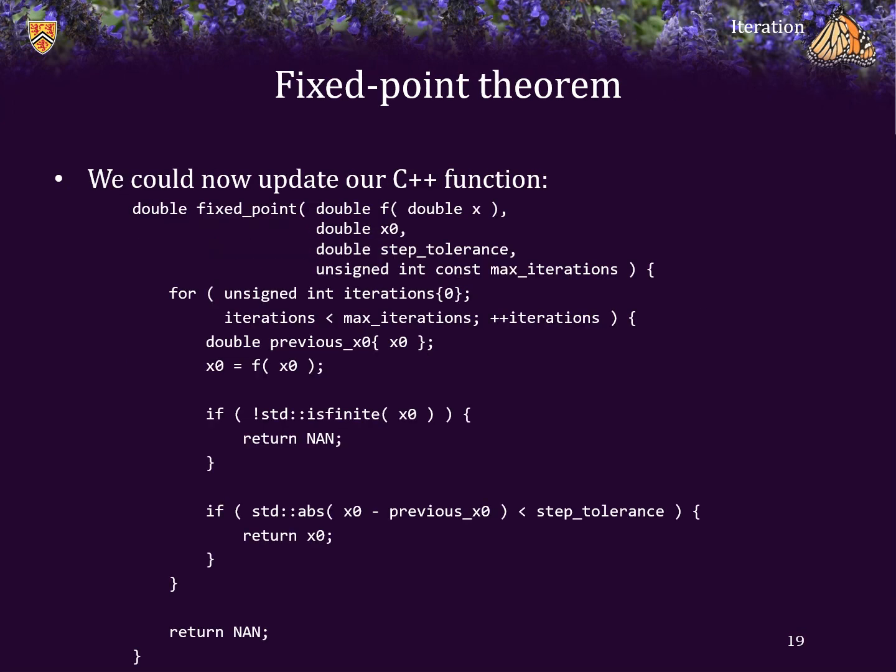We can now update our C++ function. We're going to include a parameter, the step tolerance, and this might be a value like 10 to the negative 6. We're making it the third parameter and not the fourth because this actually concerns the convergence of a successful run of this function. Max iterations is a parameter that dictates when this function has failed.